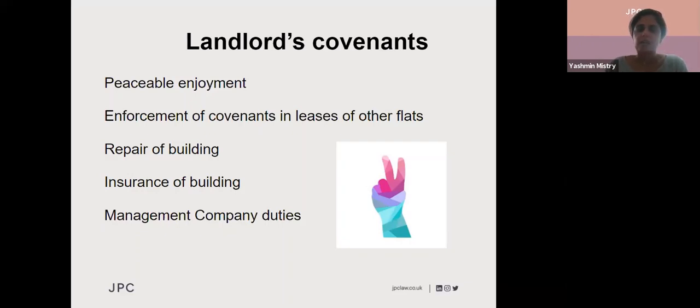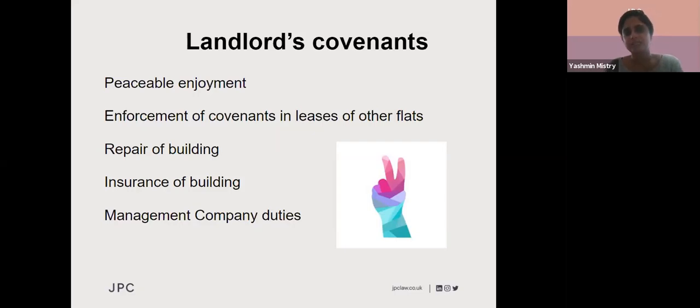And what landlords can do, just to ensure that they don't get into personal battles between leaseholders, is that the clause, if you look at it, will normally give the landlord the ability to ask the leaseholder who is complaining and requesting the enforcement of the covenants against the other flat to put down some kind of security.